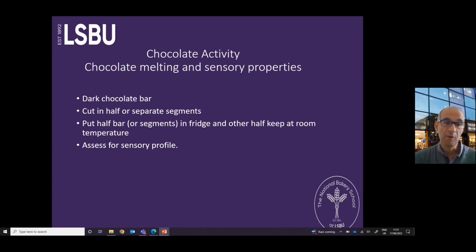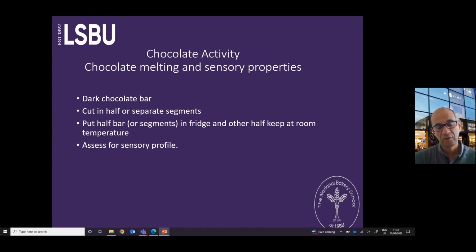To illustrate how important the chocolate melting is, you are going to carry out an activity which will be described in the next video by my colleagues Valia and Barry. Here we are not going to ask you to test tempered and not tempered chocolate with the different crystals, but we are going to have something similar.